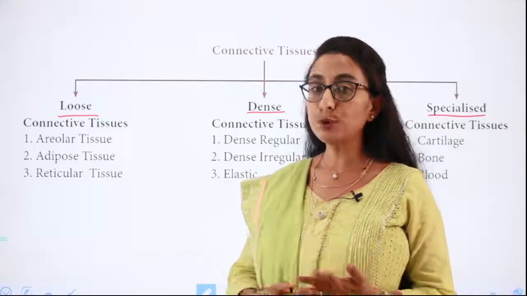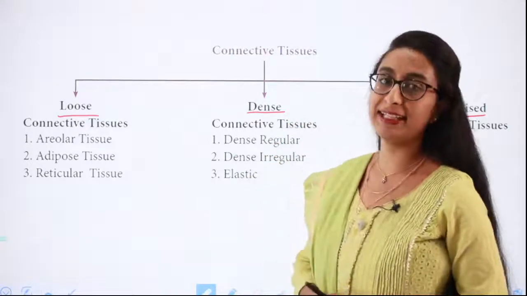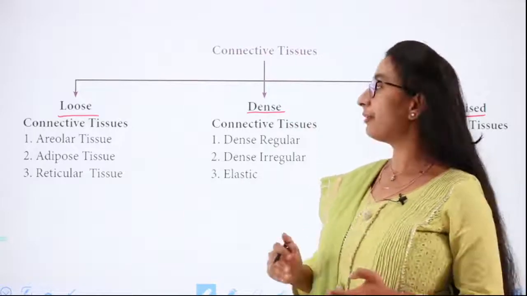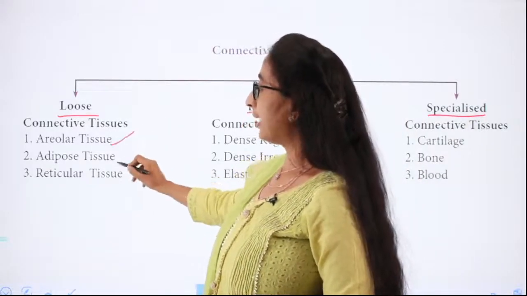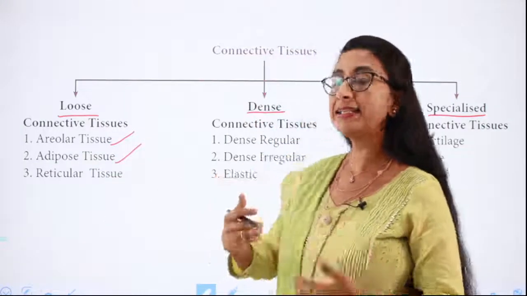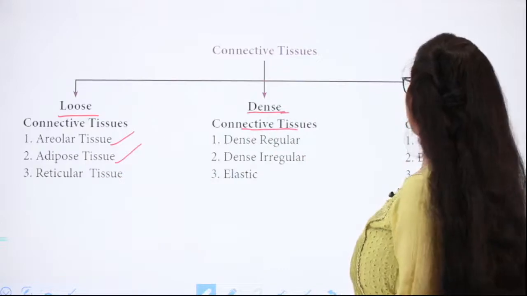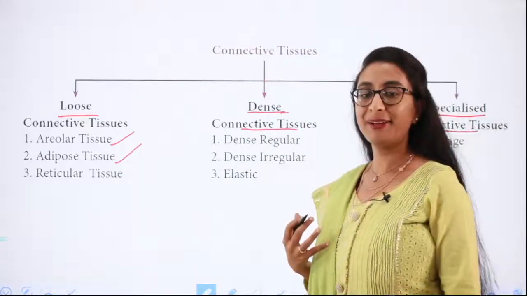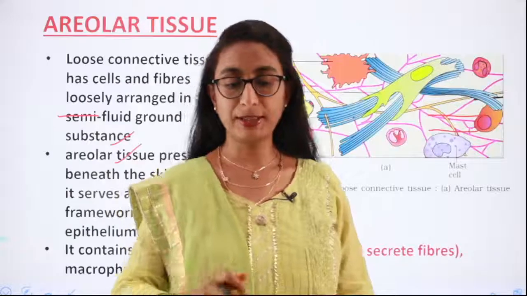In this lecture we will be discussing only the loose connective tissues like areolar and adipose tissue, and in the next lecture we will be discussing dense connective tissues and the specialized connective tissues. Okay, so first let's begin with the loose connective tissue.